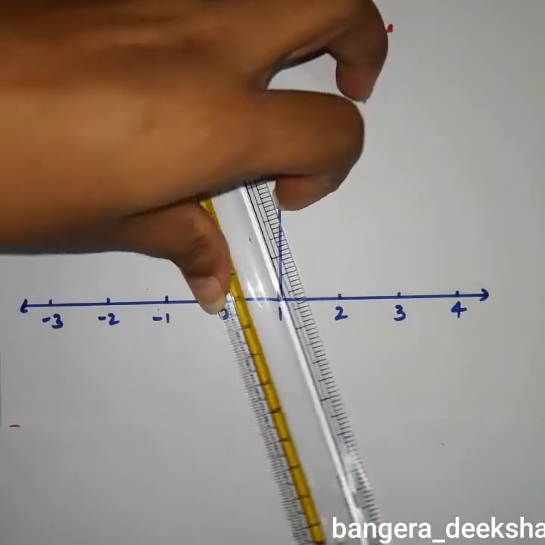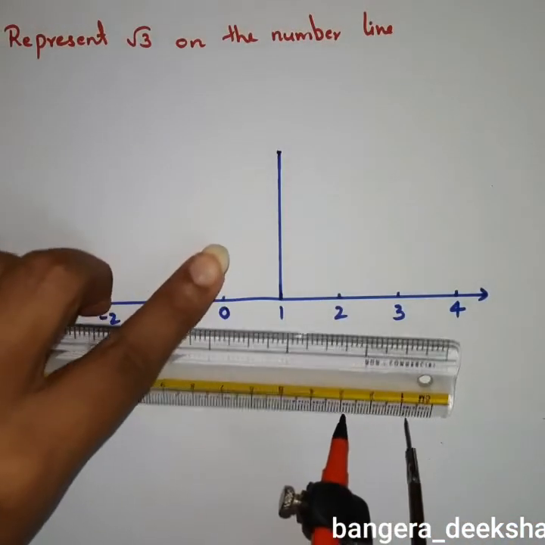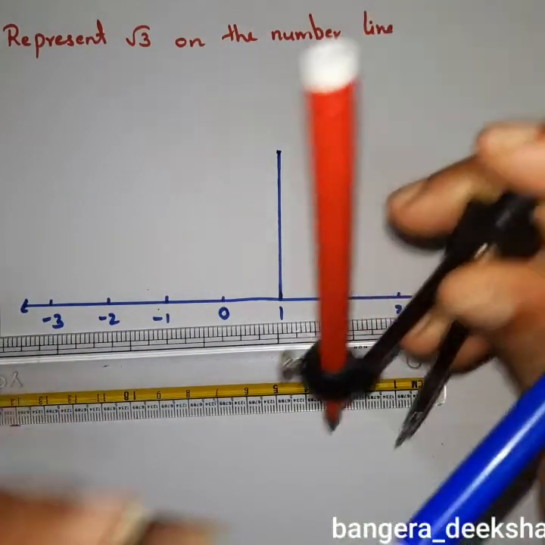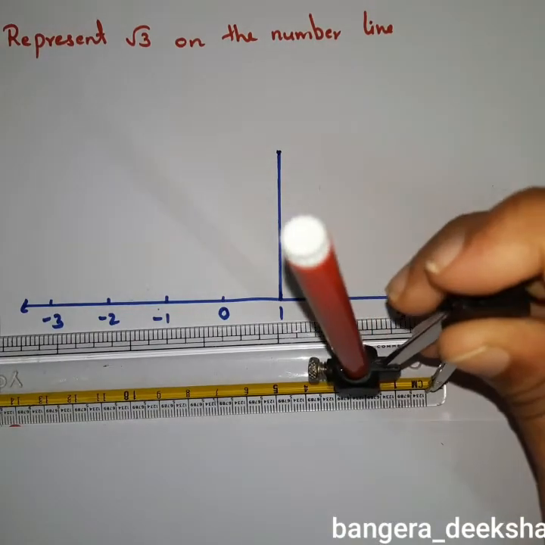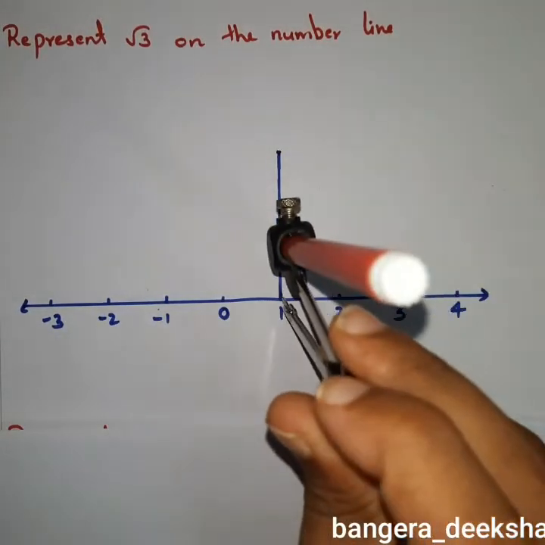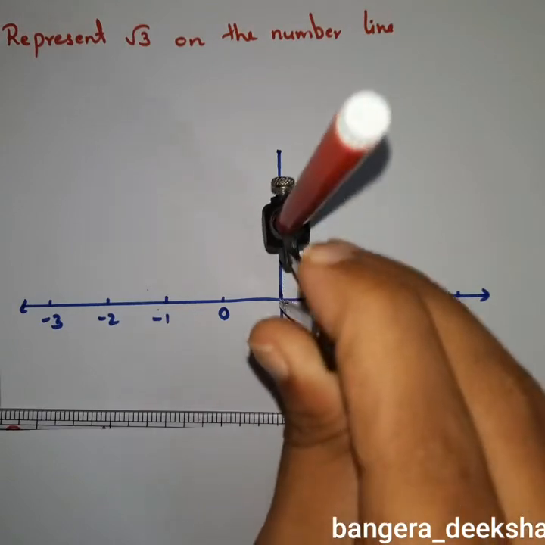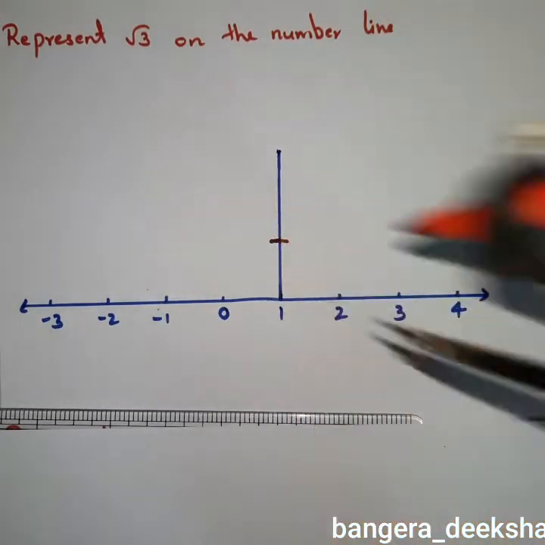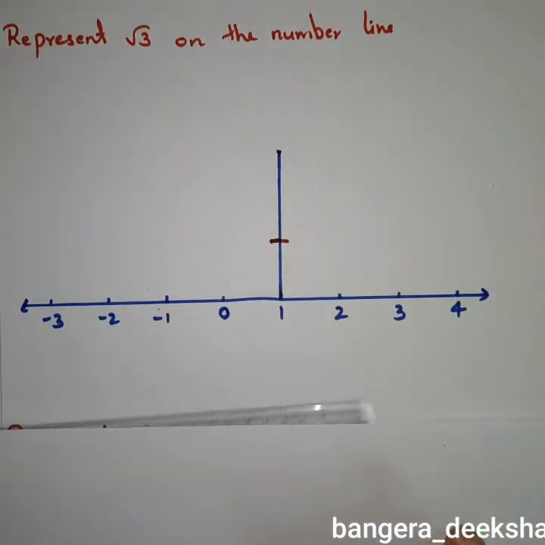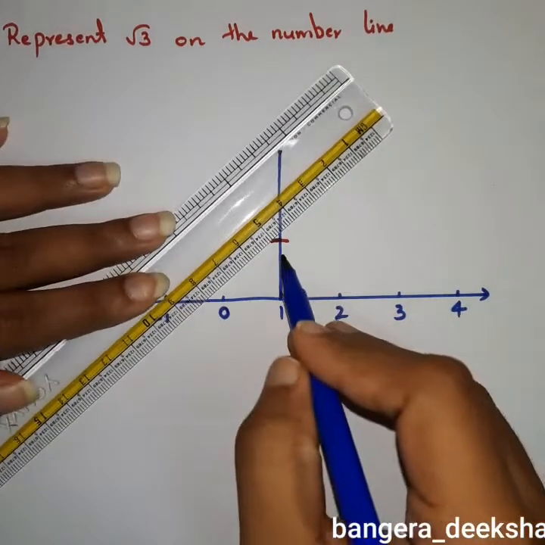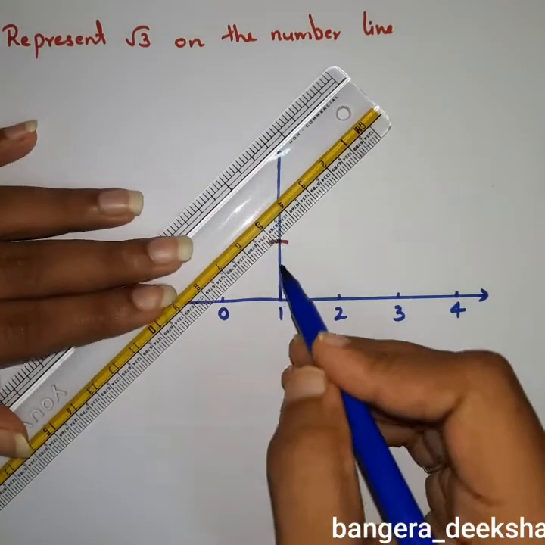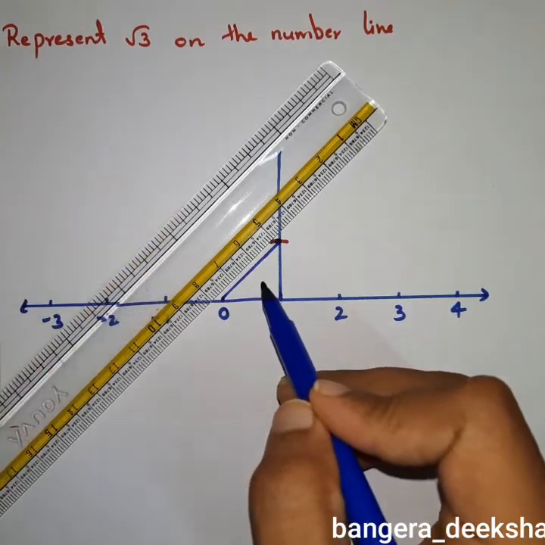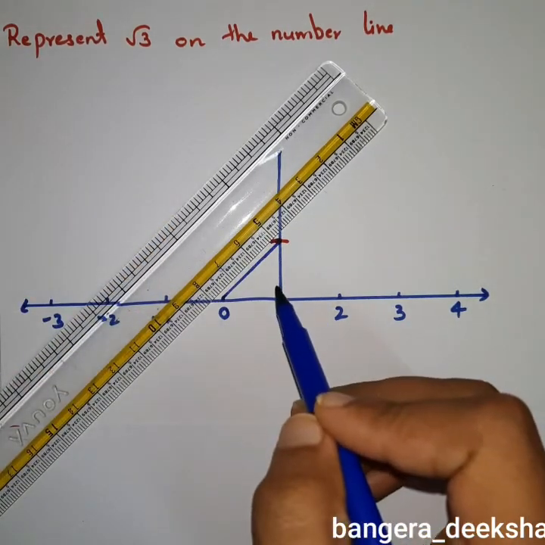With your compass and the scale, measure 2 centimeter, that is 1 unit. So from 1, cut an arc. Now join 0 and the arc. As we have done in the previous one, we will get this is root 2 units.